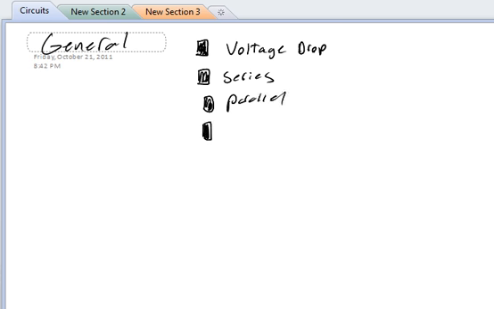Excuse any spelling errors. That's about it: voltage drop, series, parallel, and just some basic things about a circuit that you should know.